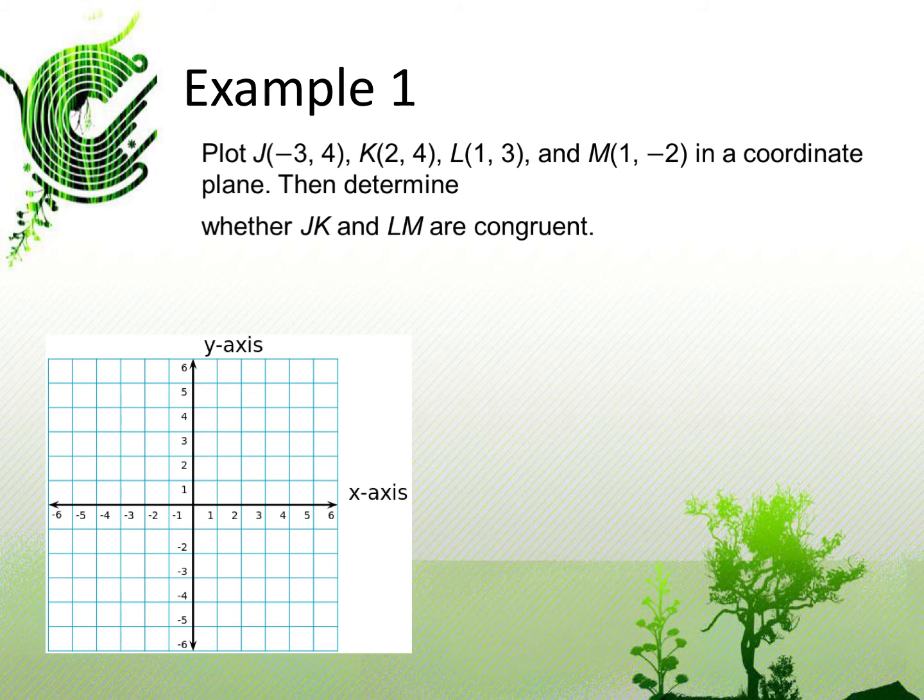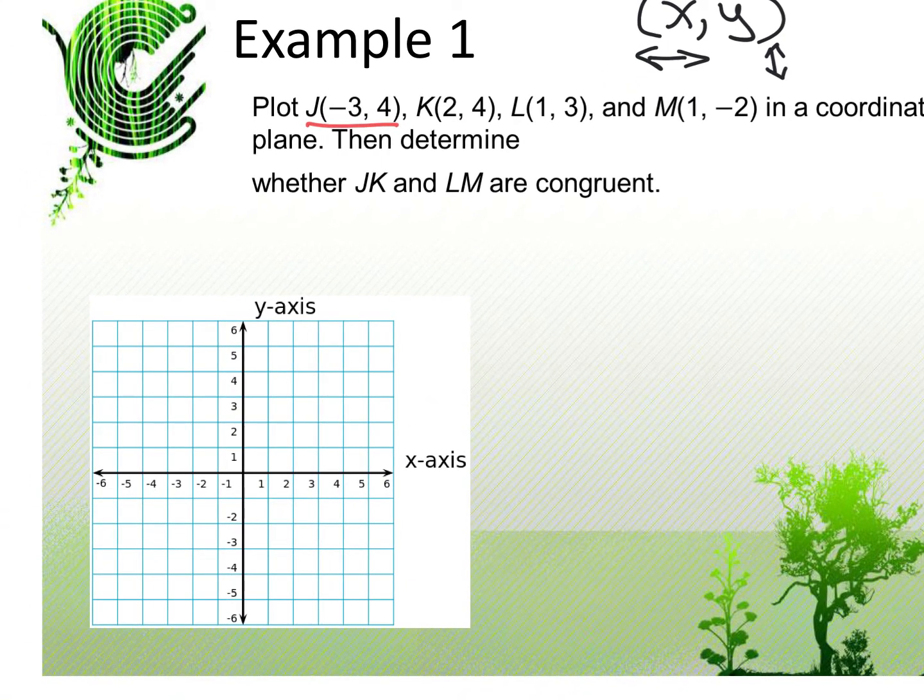Remember, when you have a coordinate, the first number is the X, the second is the Y. When you're graphing, X tells you which way you move, left or right, and the Y tells you up or down. So when I go to plot ordered pair J, I'm going to go over to the left to -3, and then up to the Y coordinate of 4.